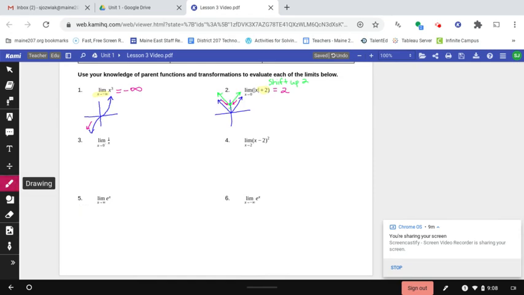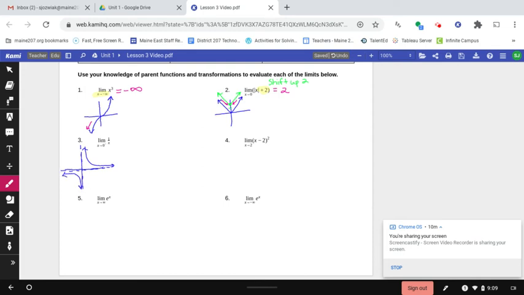All right, let's take a look at the limit of 1 over x as x approaches 0 from the left. Now, hopefully you recognize that this is the inverse function. And so our graph is going to have a vertical asymptote at 0 and a horizontal asymptote at 0. And we've got these branches, one that's in the first quadrant and one that's in the third quadrant down here.